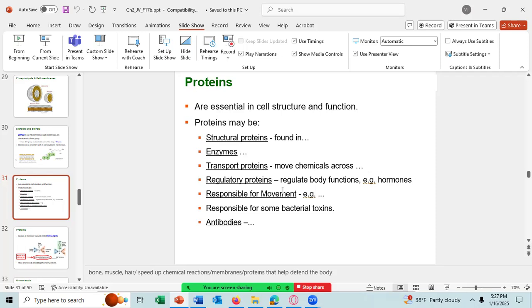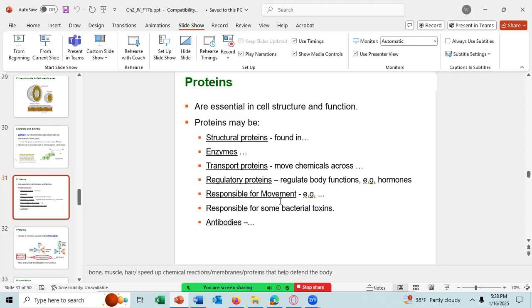Proteins can be regulatory proteins that regulate body functions. Example, hormones, like a growth hormone in a child will cause the child to grow. Proteins can be responsible for movement, like the movement of my hand, assuming you can see this, is happening because of a protein.